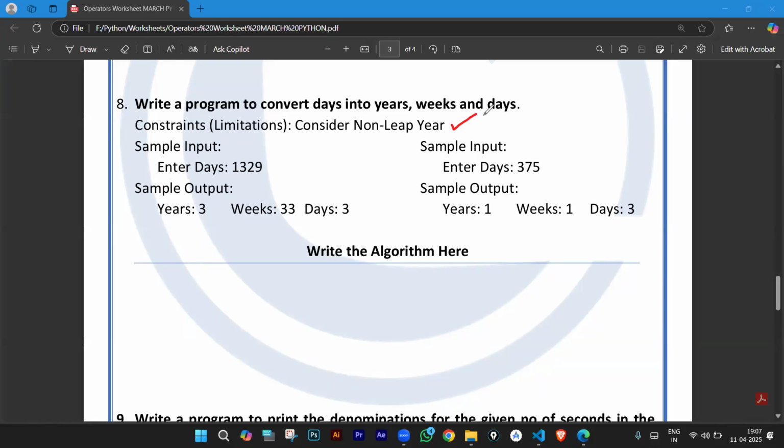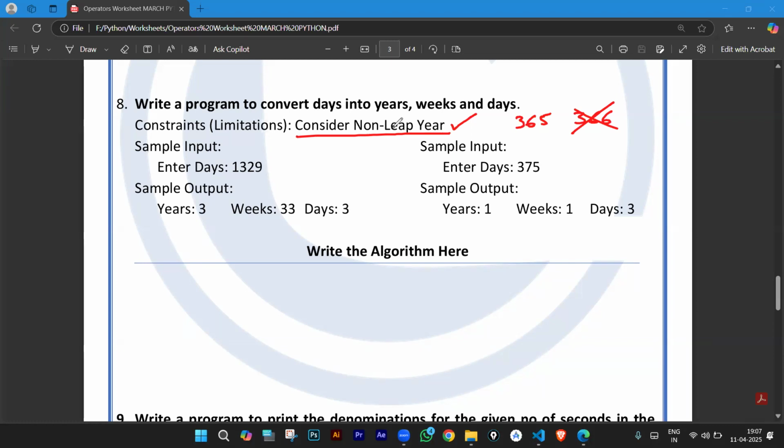In order to avoid confusion, generally years do not all have 365 days. We also have a year which has 366 days. So in order to avoid that confusion, they told us to consider non-leap years. We need to consider every year as a non-leap year.